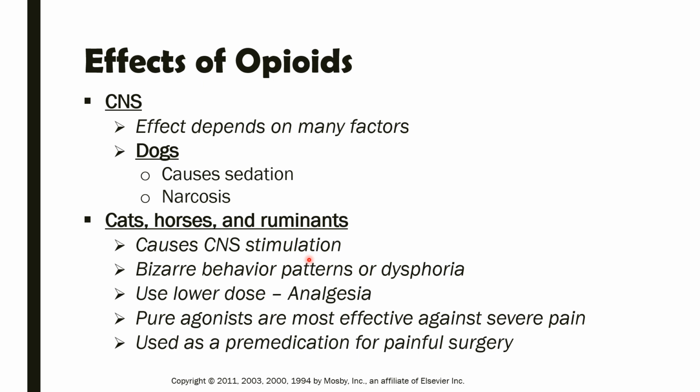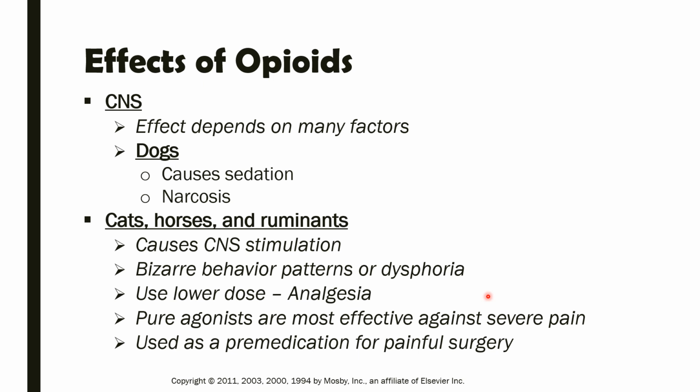The pure agonists are most effective against severe pain, and they can also be used as a pre-med for painful surgery. In the case of butorphanol, it is a mixed agonist-antagonist. It actually blocks the mu receptor, but it has a partial agonist effect on the kappa receptor.